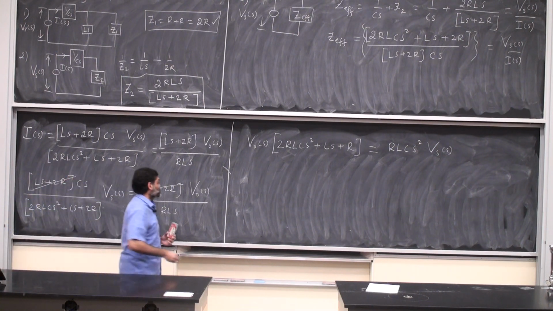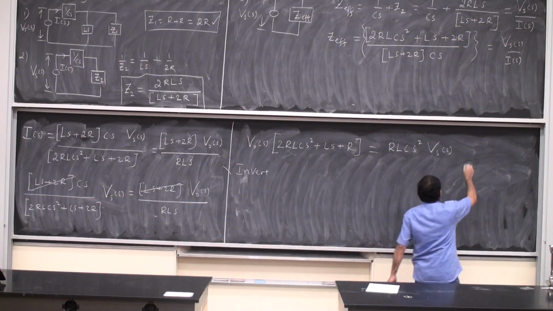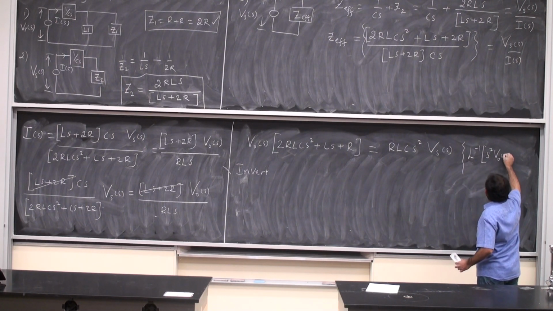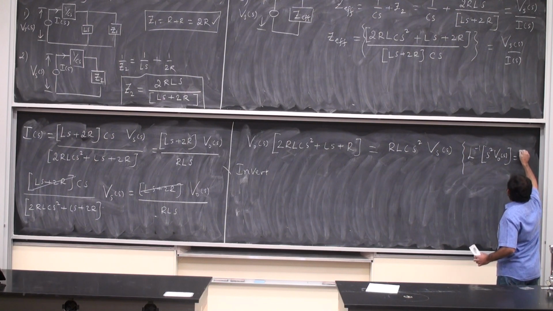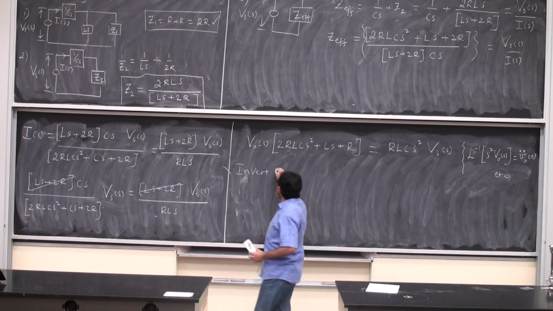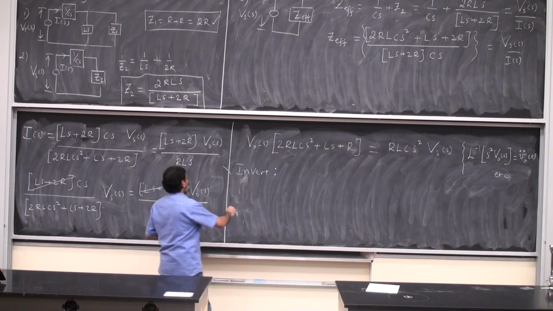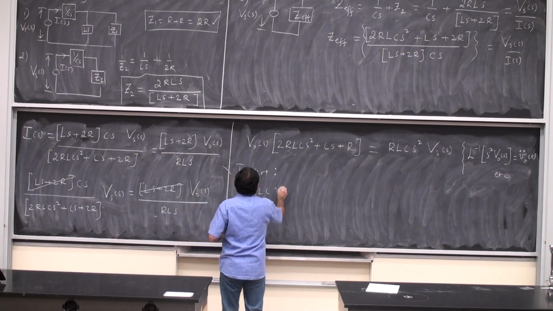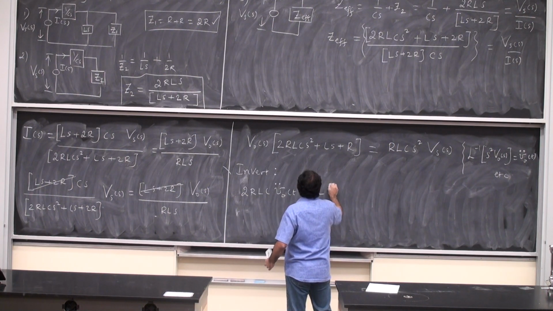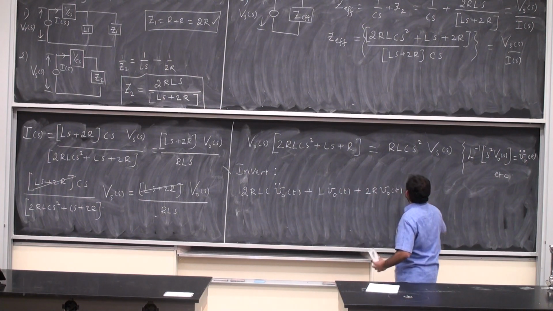So if I write the inverted result, Laplace inverse, s square is... so that my system equation, my system model, which is really nicely obtained here, is 2RLC V0 double dot plus L V0 dot plus 2R V0.